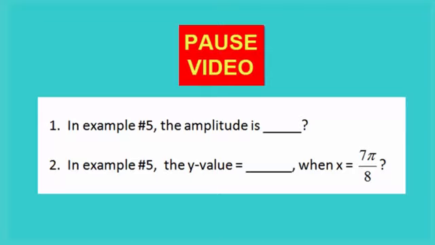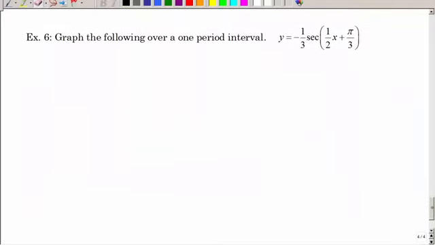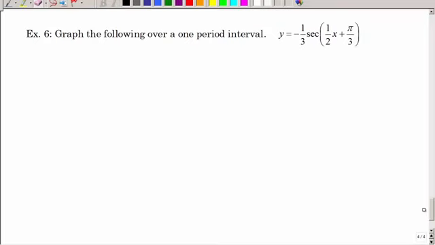So secant, I'm going to pretend that that says cosine. So my amplitude is that negative 1/3, which means I'm going to flip it. I have no vertical shift, and I'm going to take the angle and put it between 0 and 2 pi.